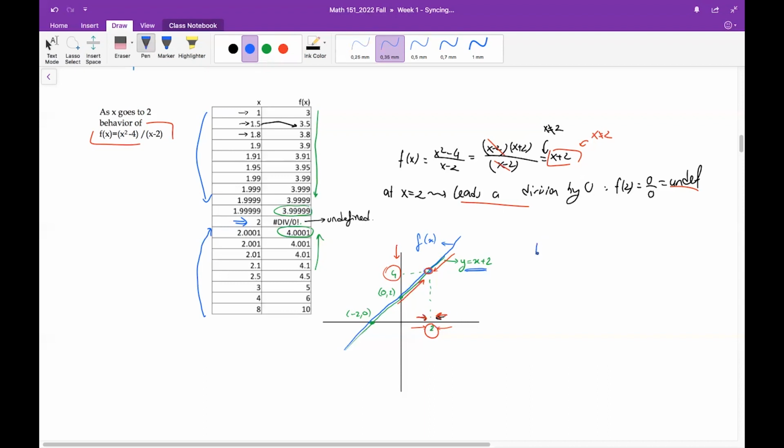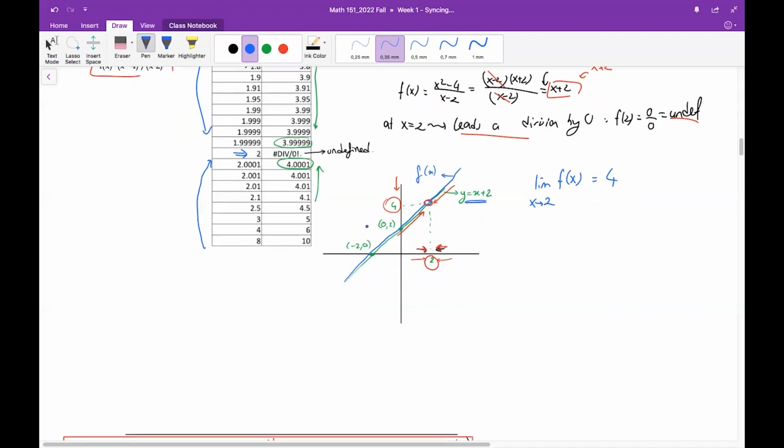And the mathematical notation to express this behavior of your function is like that. We say that the limit of your function as x approaches 2 is 4, because as you can see from the graph, all the values are approaching the value 4.